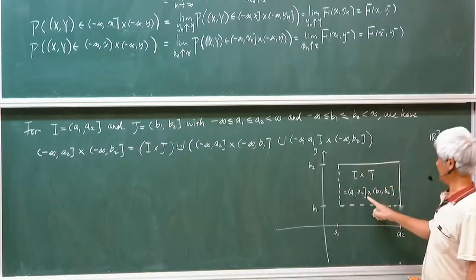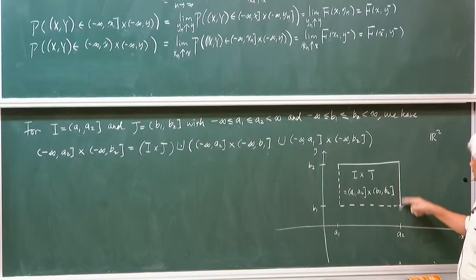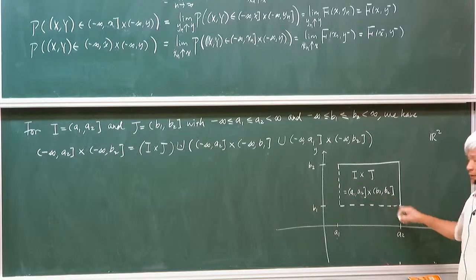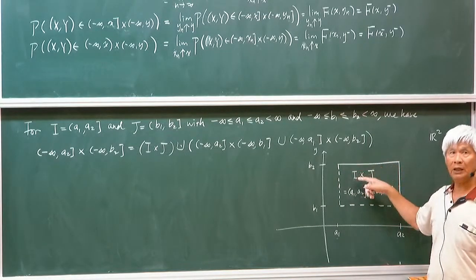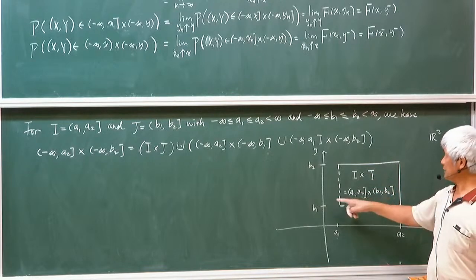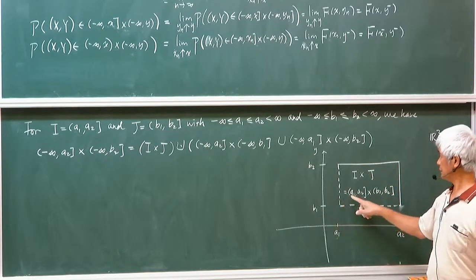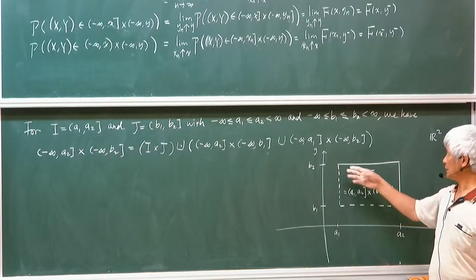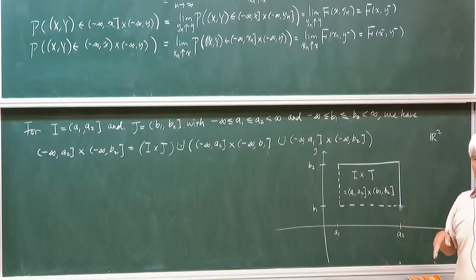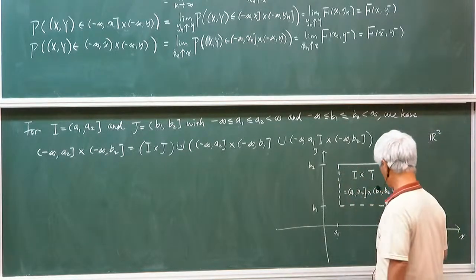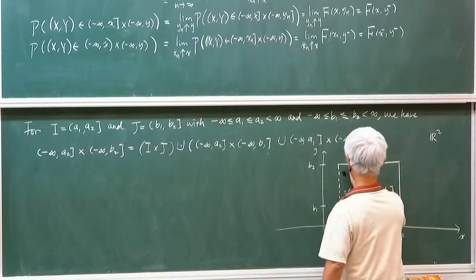Because A2 and B2 are closed ends, these two boundaries are included in this rectangle. But because A1 and B1 are open ends, these two boundaries are not included. Okay, so this rectangle here.